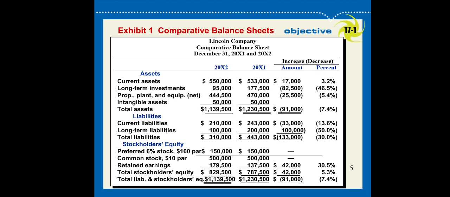Like I said earlier, when you do the analysis for a balance sheet, you always look at the total liabilities and total assets. When you check the total liabilities, you can see in column number 4 that the total liabilities has decreased. How much is the decrement? 133,000. And in terms of percentage, the decrement is 30%.